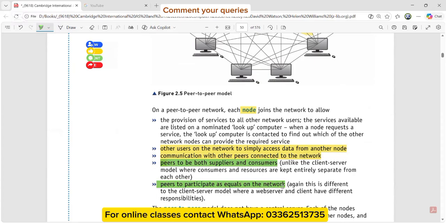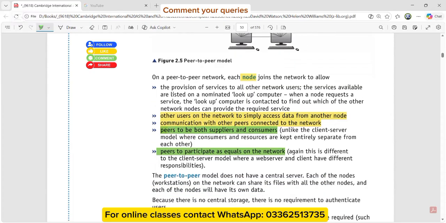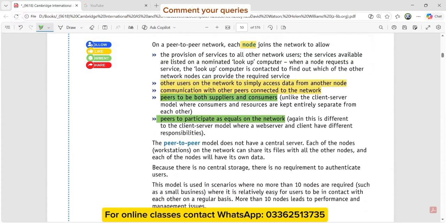A comparison can also come in the paper. So from here, you can very easily make a comparison: first thing is all are equal, both are suppliers and consumers. They are able to participate as equals in the network. And thirdly, the number of connected computers and security. I hope this gives you a very clear idea of how you can frame your answer if they ask you about the differences between client server and peer-to-peer.